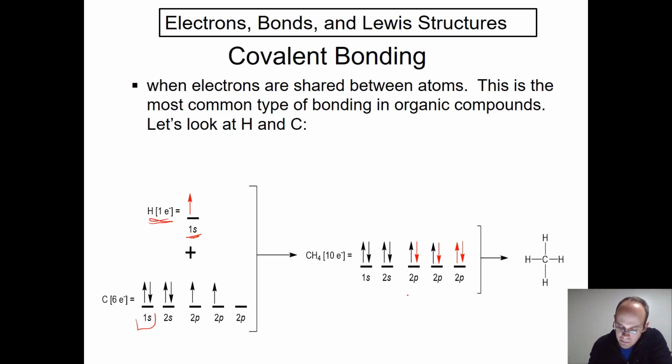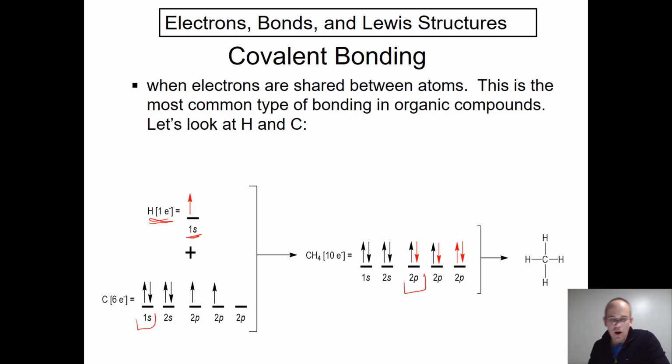So by pairing up its electrons, 1 electron from hydrogen with 1 electron from carbon, each one of those atoms can be happy. The hydrogen can be happy because it's got a complete number 1 shell. And the carbon can be happy because it's working its way towards a complete number 2 shell.